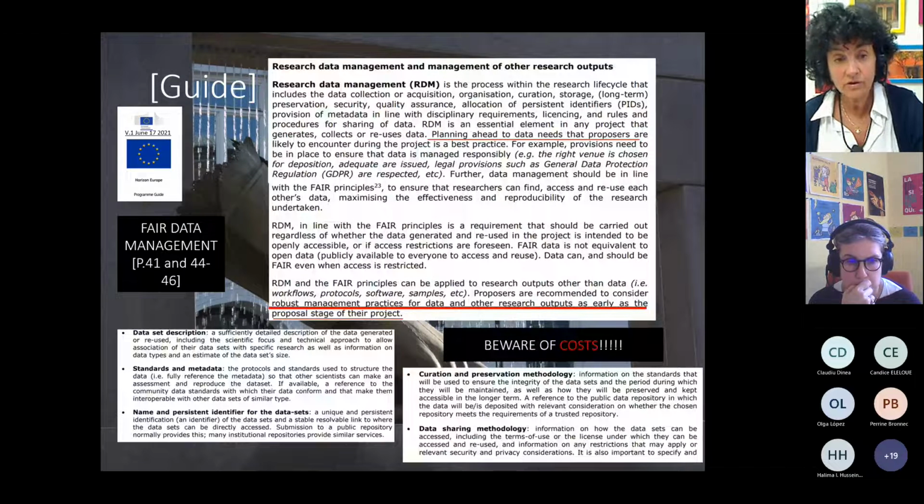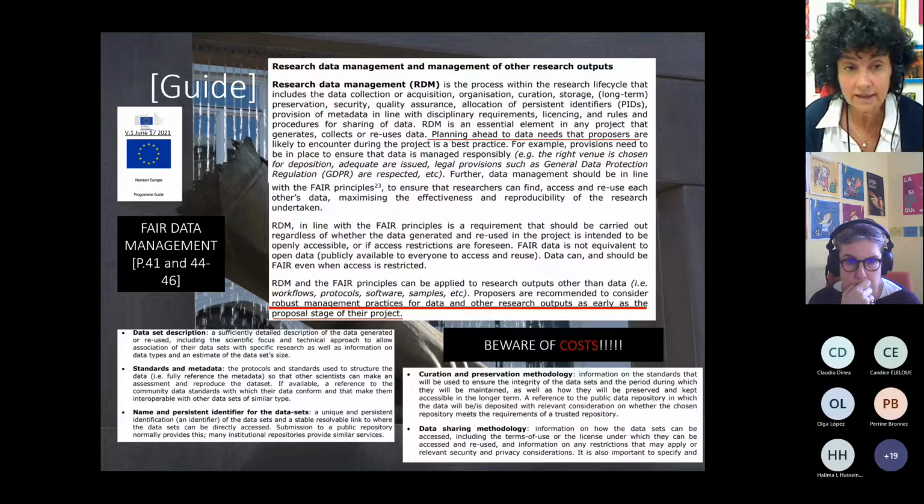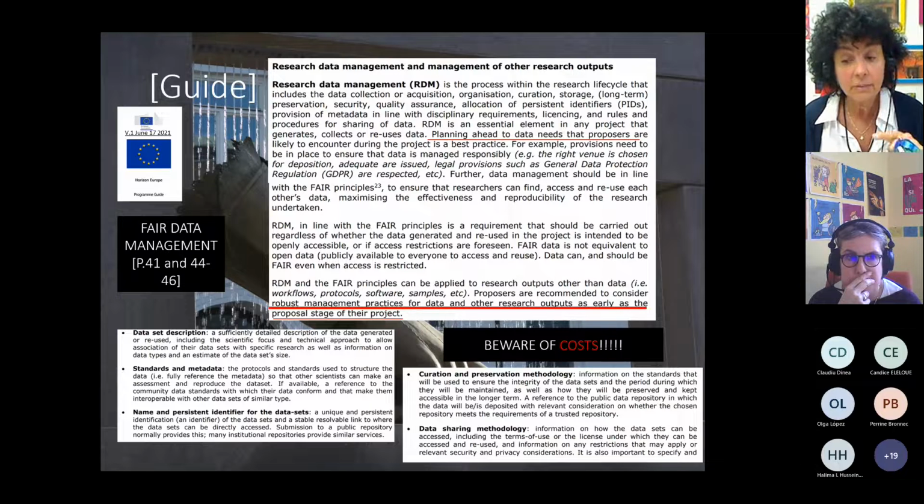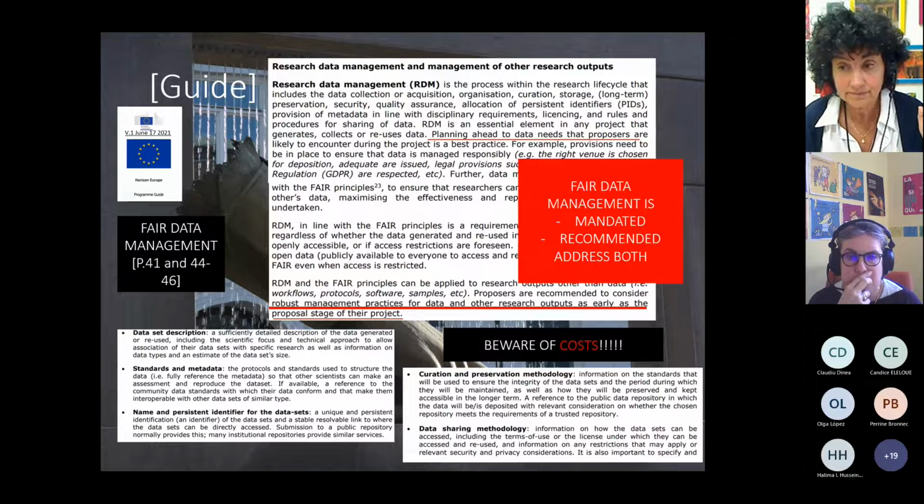Just a focus on FAIR data management. Again, in the program guide, you have all the guidance, more than 5 pages on research data management. Beware of costs, okay? Again, in the project proposal, costs should be detailed, because if not, you are not reimbursed, okay?